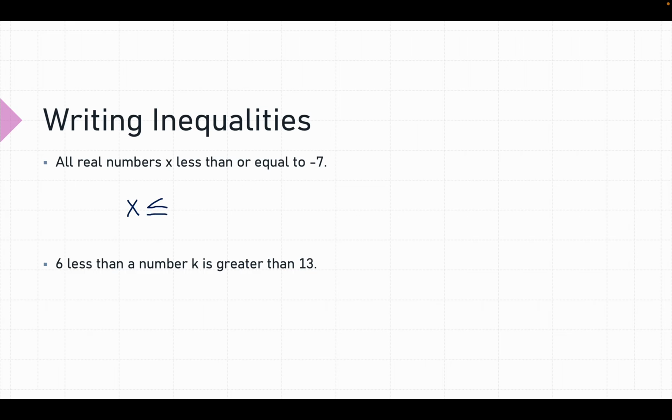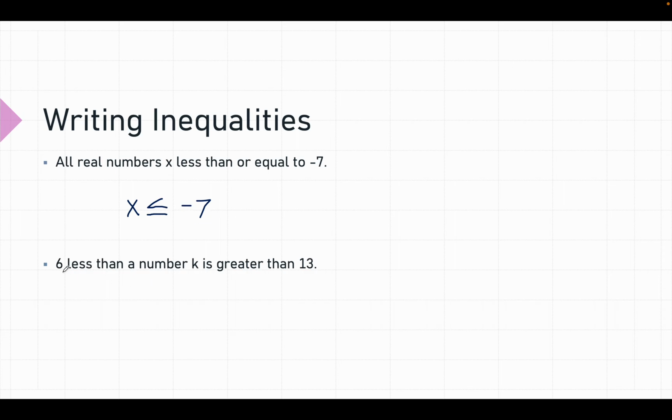That'll make it so that it's less than or equal to negative 7. That's how I write an inequality for that sentence. X is less than or equal to negative 7.